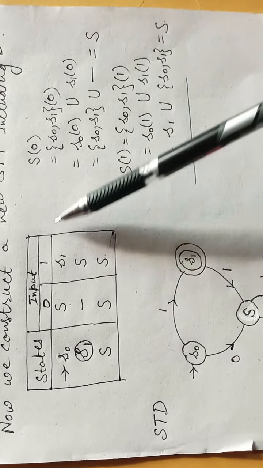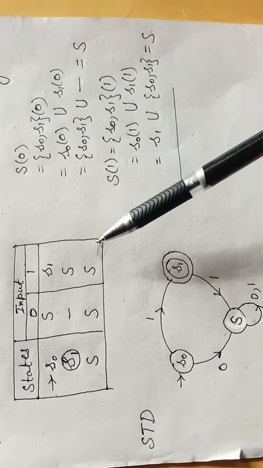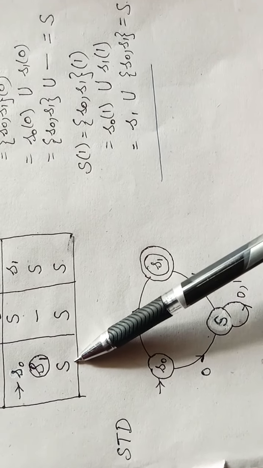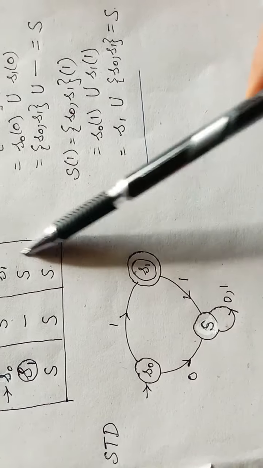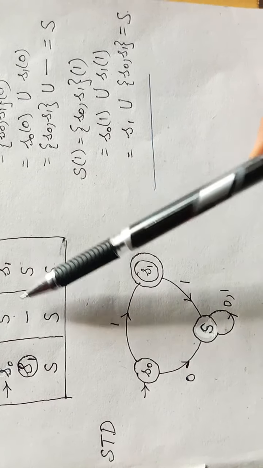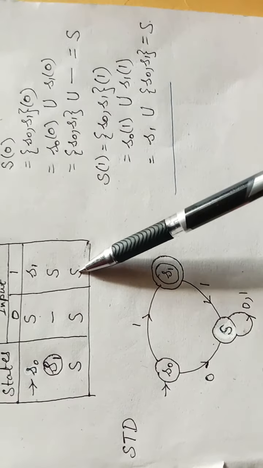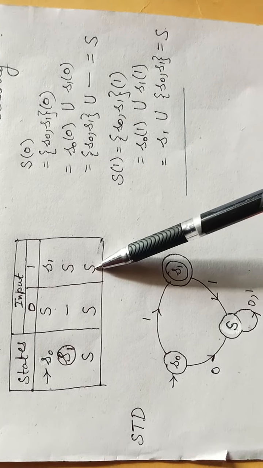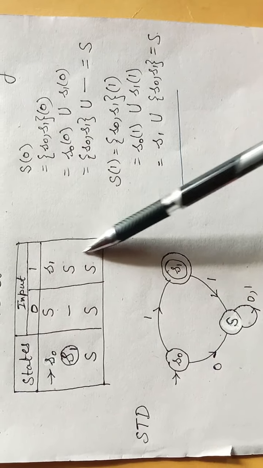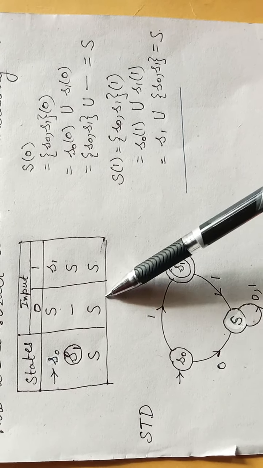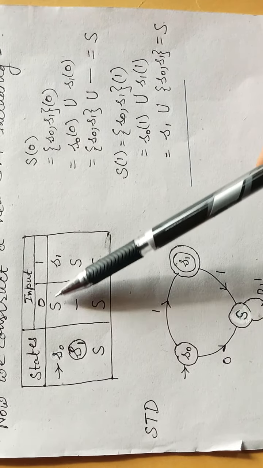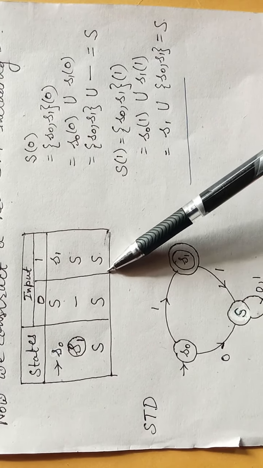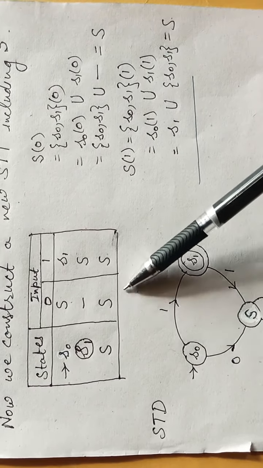So this is the new state transition table with the new state. And now you can see there is a single state, there are not two states coming in any of the columns. So that's why we can say this is deterministic.